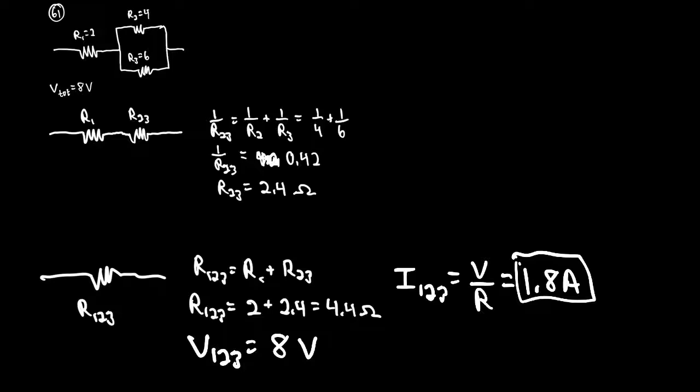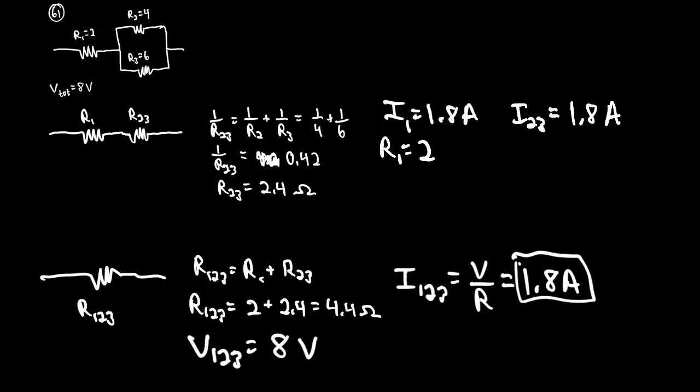If these were in parallel, what would stay the same? Voltage. So I go backwards, and I know that I1 is I123. I1 is 1.8 amps. I23 is 1.8 amps. R1 is still 2.